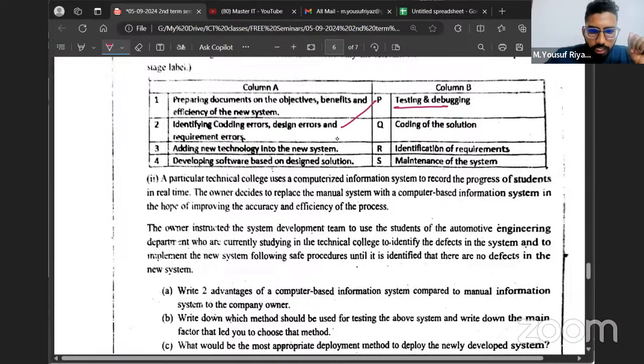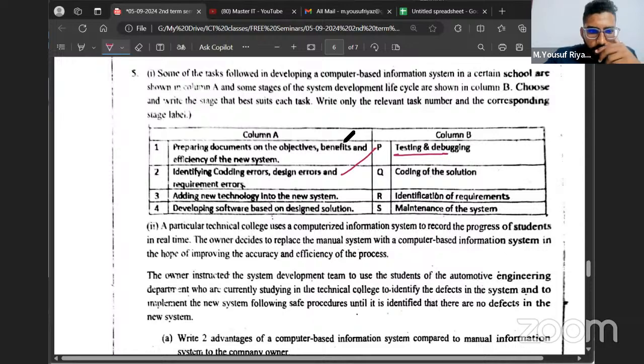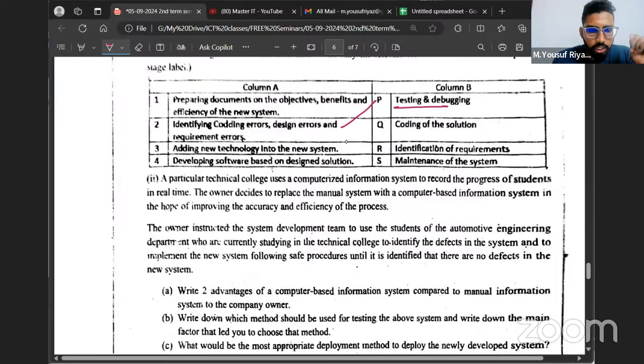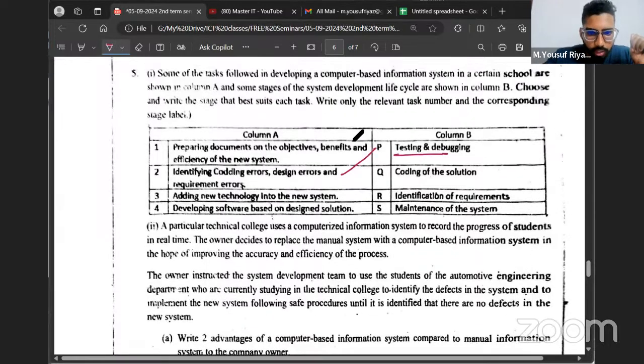So they have asked us right here for the task number and the corresponding stage. So task number is 1, no? Yeah, 1. So number 1, number 2, number 3, number 4. 2 is done by P. Next.